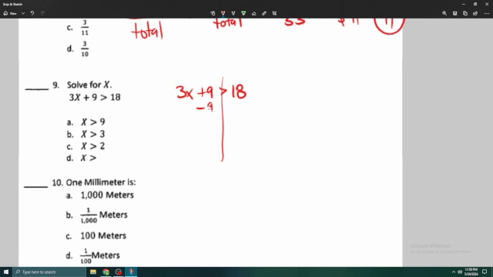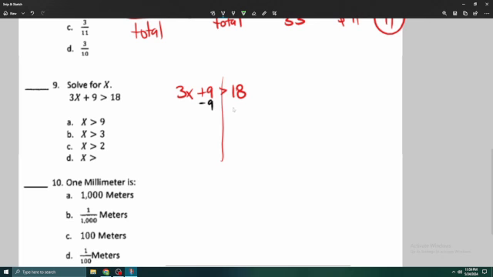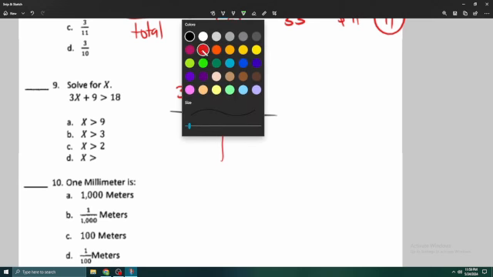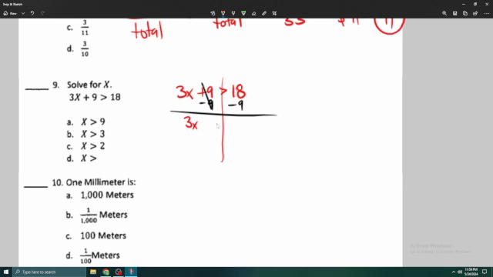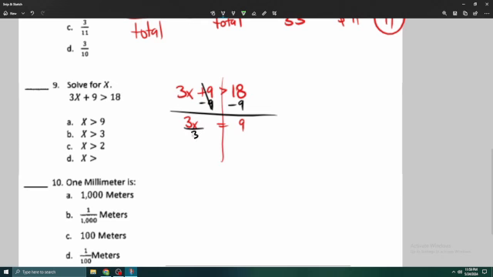So let's subtract 9 from both sides. We want to get that x by itself, right? 9 minus 9, that cancels out. The 3x comes down. 18 minus 9 is 9. And now, what's the opposite of times 3? Divide by 3.